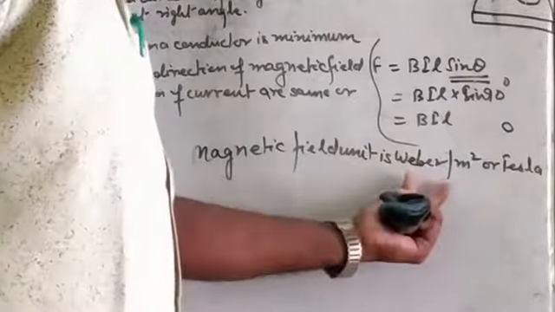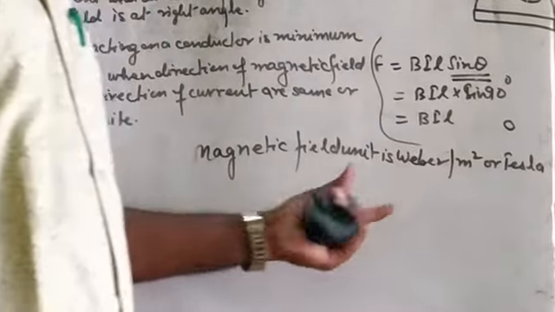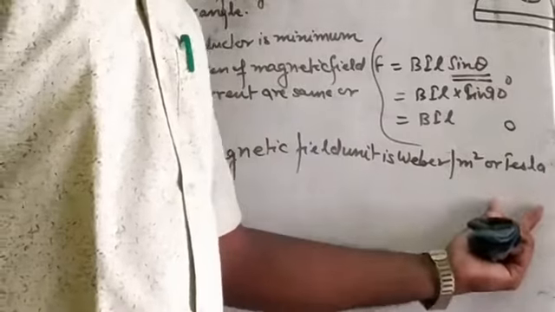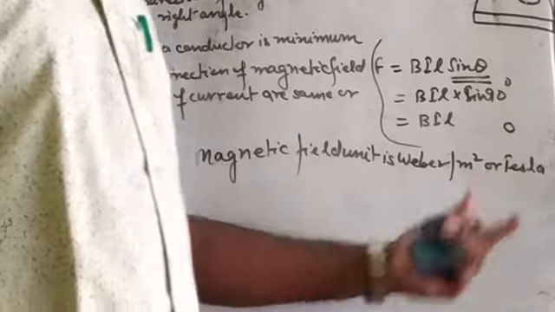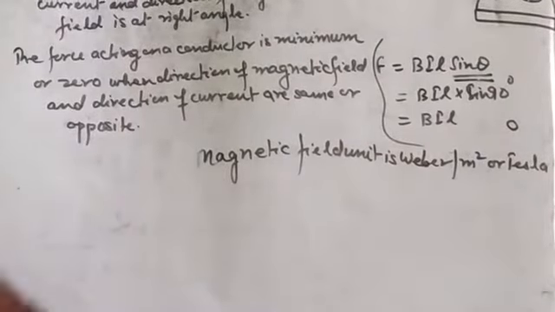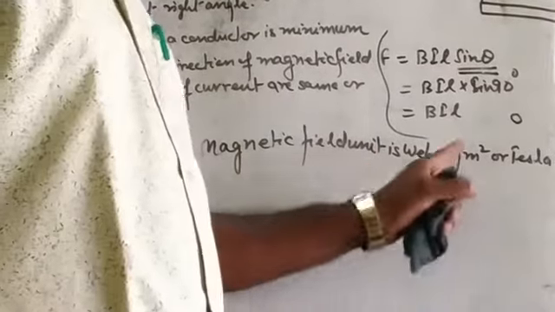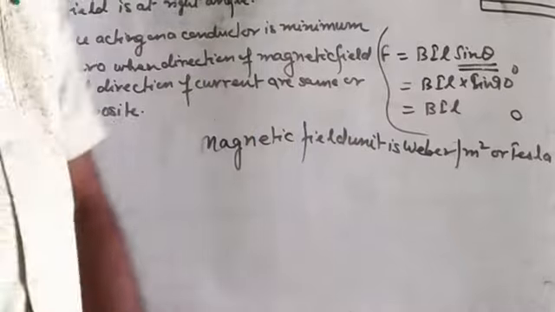This is the SI unit. Keep in your mind that the magnetic field's unit is Weber per meter square or Tesla.